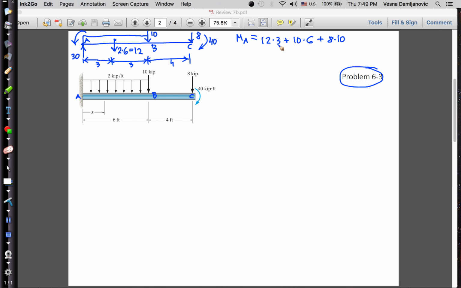And finally, must not forget the moment, which is 40. And you end up getting that your moment reaction at A is 216 kip-feet.